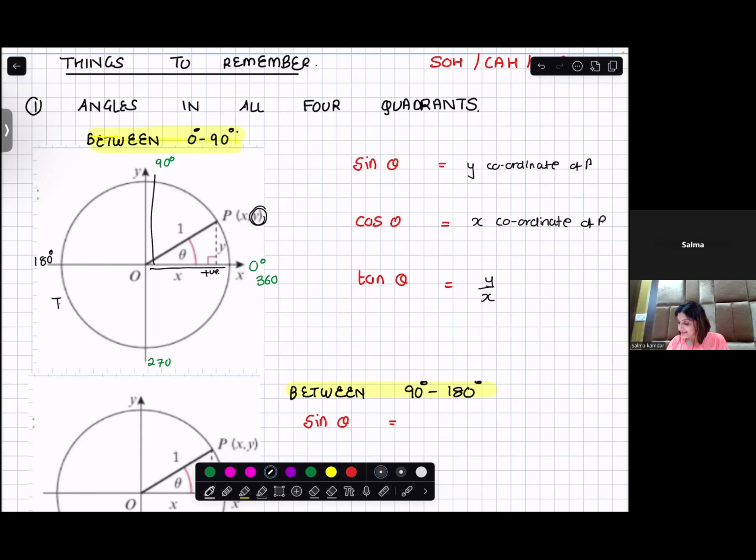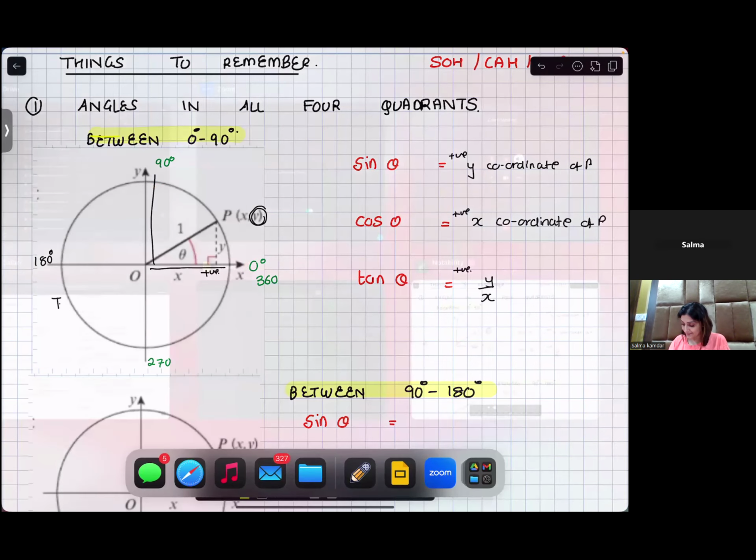So the sine theta would also be positive, cos theta would also be positive, and tan theta, that is y by x, is also going to be positive. So this is in the first quadrant when my angle is between 0 to 90 degree.